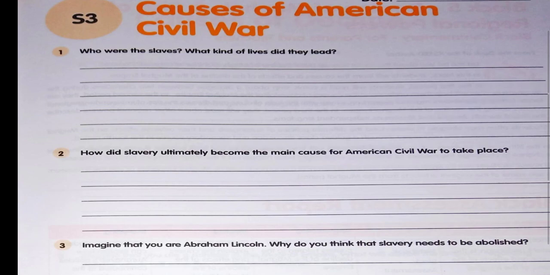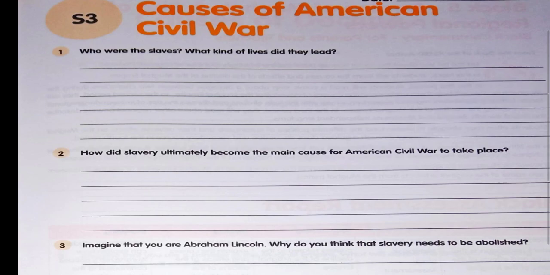So they were forced to do whatever their master wanted for himself to do. Now, second question: how did slavery ultimately become the main cause for American Civil War to take place? So, as you know, the northern and southern states had different views on slavery.